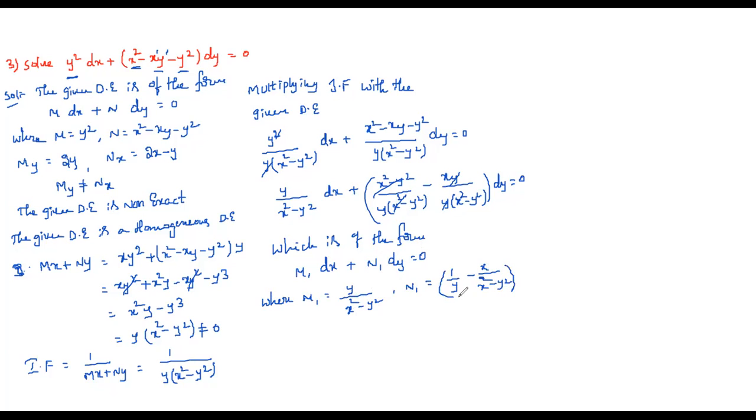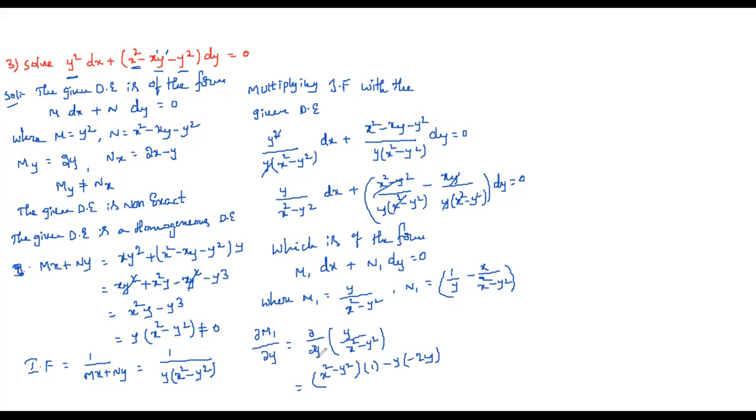This is N1. Now we need to apply the partial derivative with respect to y. So dou M1 by dou y is equal to dou by dou y of y by (x square minus y square). This is in the form of u by v, so we apply the u by v rule: v u dash minus u v dash. So (x square minus y square) into dou by dou y of y, which is 1, minus y into the derivative of (x square minus y square), which is minus 2y.